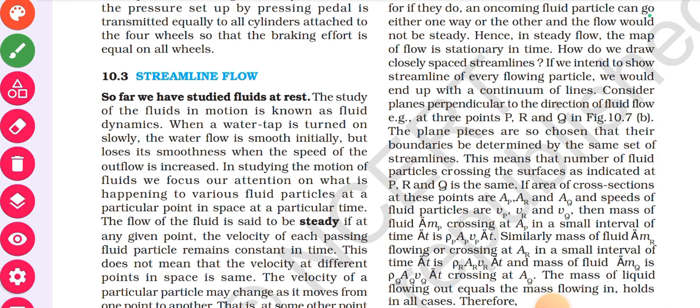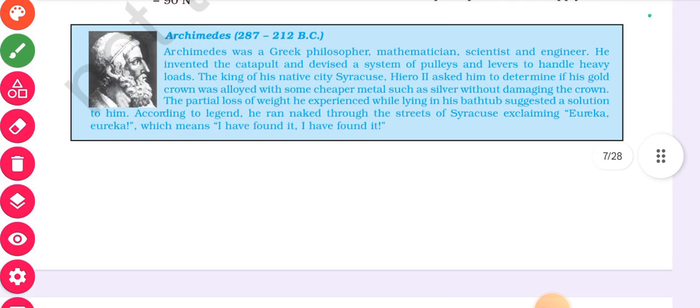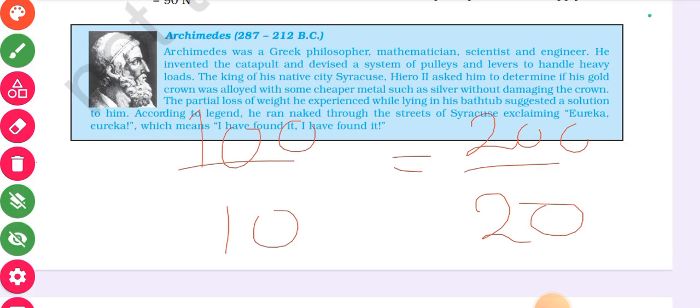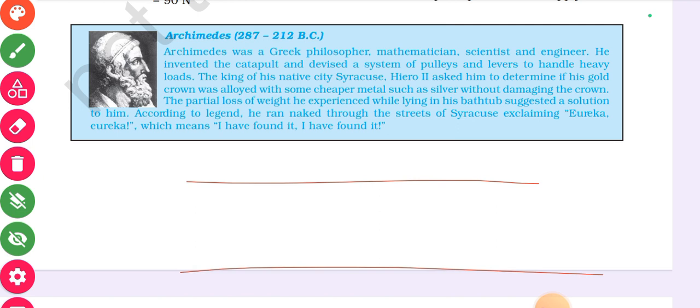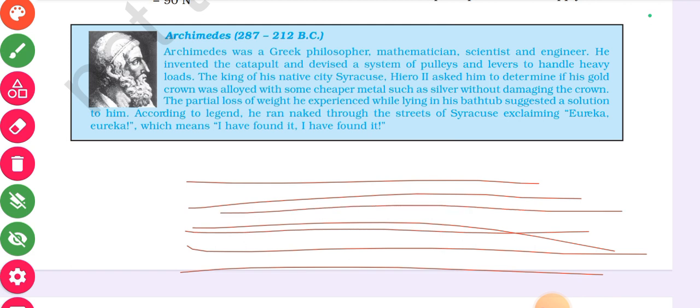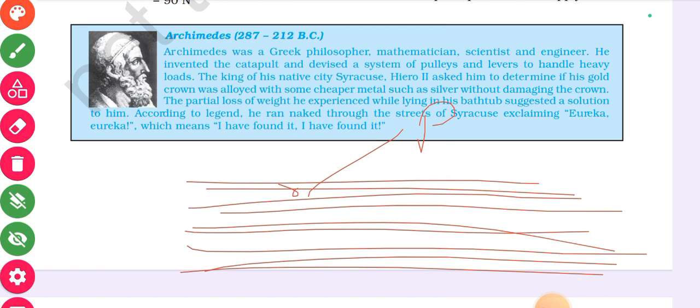But the correct definition is this: there is a tube or a pipe, and water is flowing through it, and there are different layers of water in it. Let's take a particular point P. The molecules of water are passing and will reach this point one after the other.